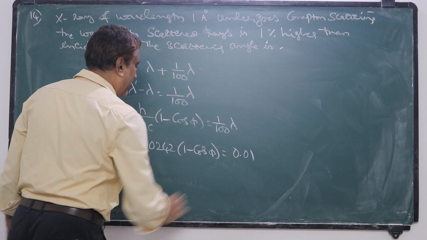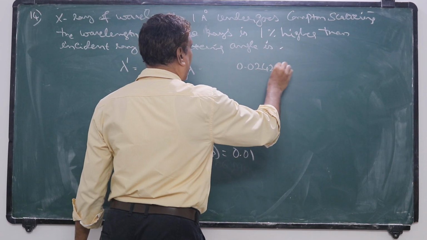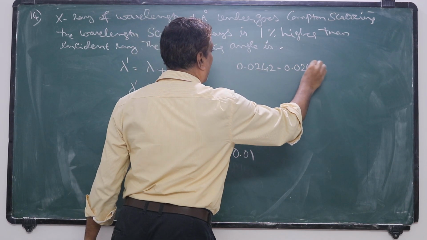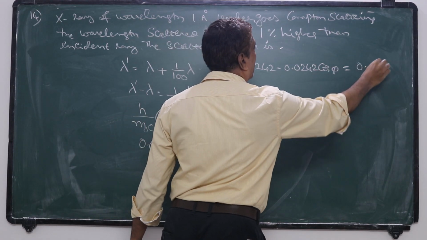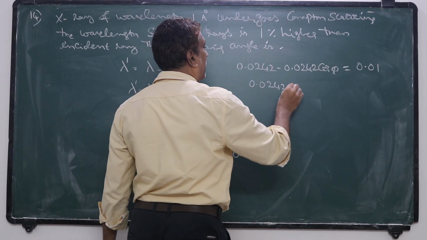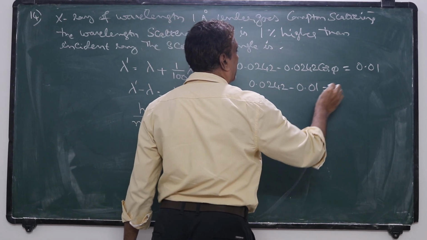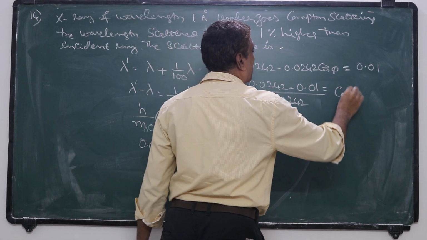So 0.0242 minus 0.0242 cos phi is equal to 0.01. From this, 0.0242 minus 0.01 divided by 0.0242 is equal to cos phi.